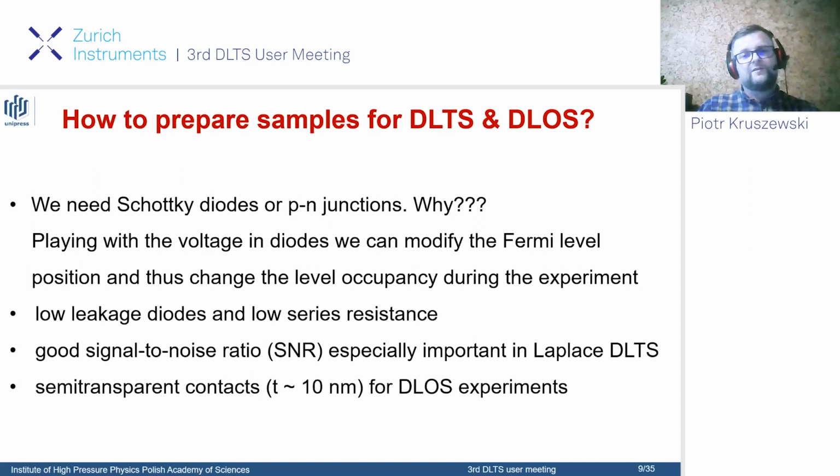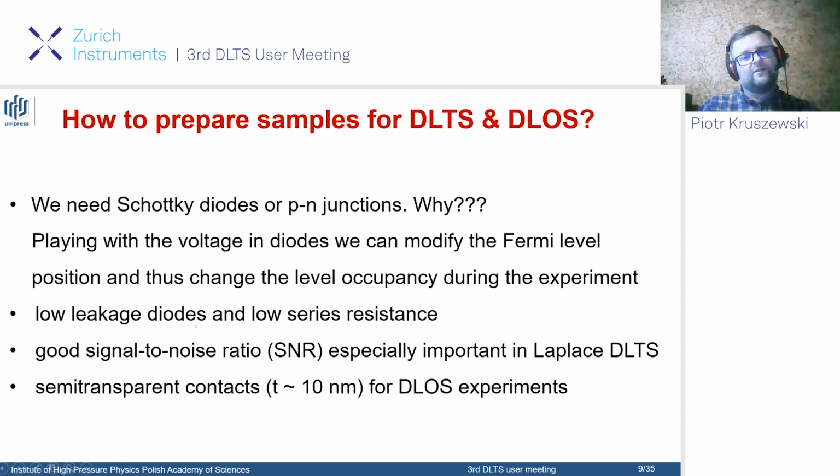So we are playing with the voltages to fill and release the carriers from the trap levels, and thus we need to modify it by the voltage. We modify the Fermi level as well in both cases.